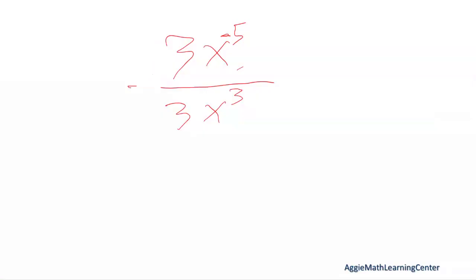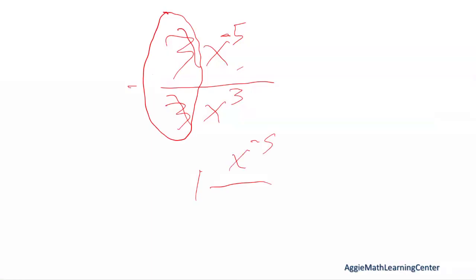Okay, now let's notice this here. What's 3 divided by 3? 1. Exactly. So that no longer becomes relevant because 1 times anything is itself. Now we have x to the negative 5 over x to the 3. How do we get rid of this negative exponent? Move it to the denominator.